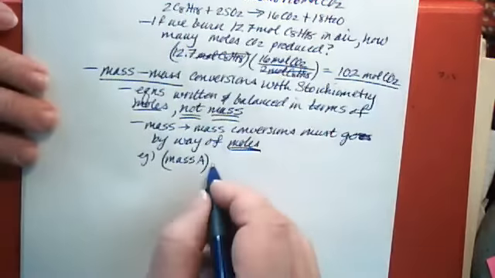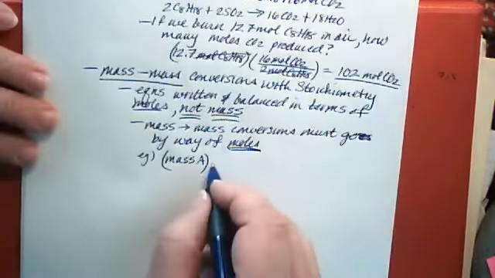Okay, I'm going to go to a new page, but I'll keep this up here so we can see what we're doing. So step 1 is where we go from grams of octane to moles of octane. So let's see, it was 3.5 times 10 to the 15th grams of C8H18.